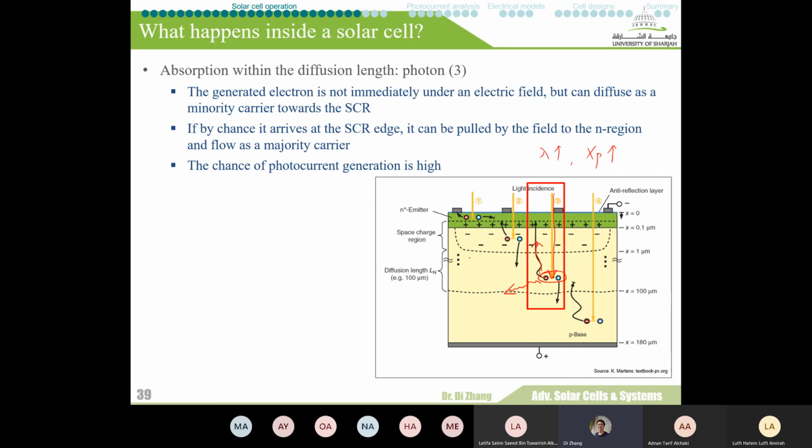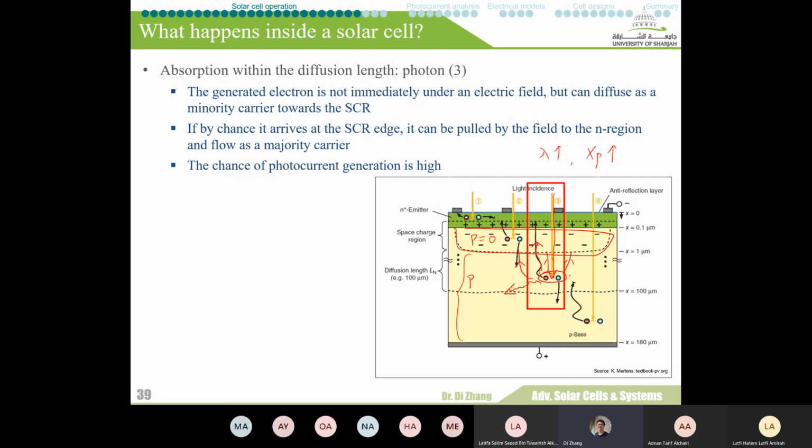In the base material outside of the space charge region, we have a certain hole density, but in the space charge region, the hole density is practically zero, because this is the depletion region.